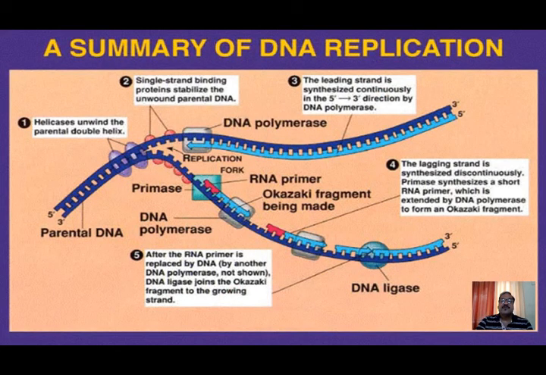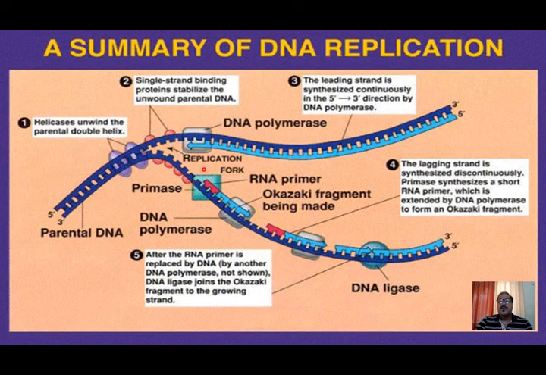Now, this is a summary of the DNA replication. First, the ORI regions are recognized by the helicase enzyme. At the ORI region, the hydrogen bonds between the nitrogen bases are cleaved, and thus the DNA helix becomes unwound. Then after the DNA helix is unwound, the single-stranded binding protein stabilizes the unwound parental DNA.